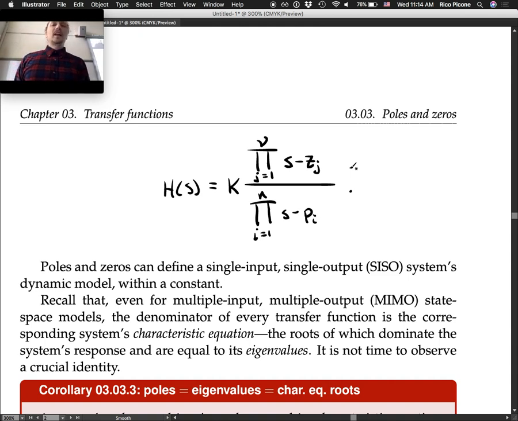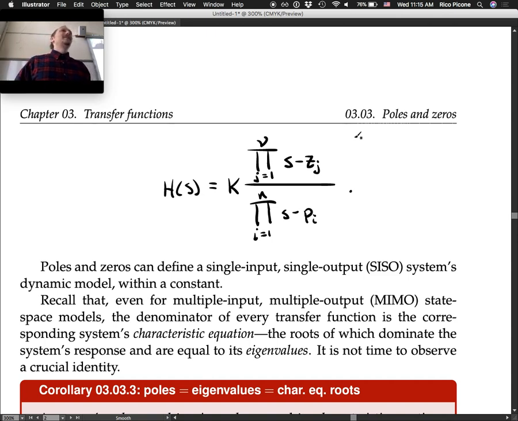So what we're saying is that if s is equal to a zero, say j is equal to 2, so we have z2 there, some zero, z2. And then s was equal to z2. Then z2 minus z2 would be what? Zero. And we're going to take the product of zero and a bunch of other terms, which is going to give us zero.